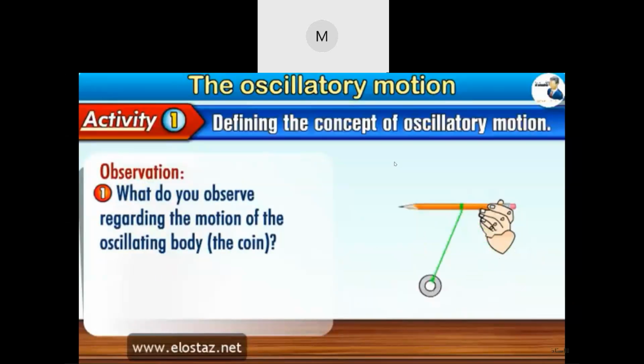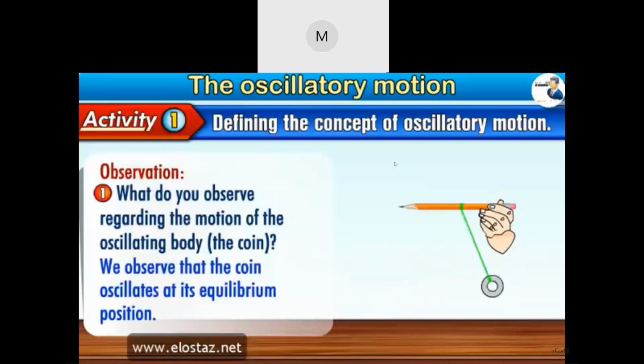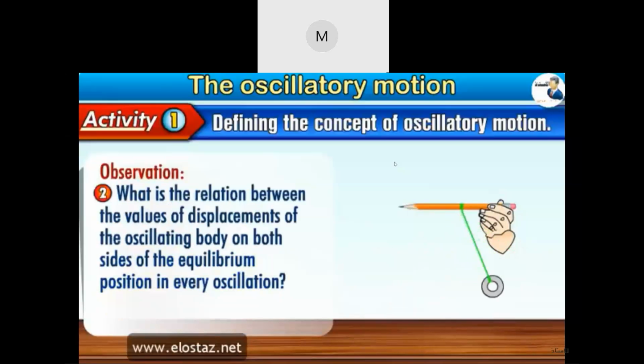Observation. Number 1. What do you observe regarding the motion of the oscillating body? We observe that the coin oscillates about its equilibrium position. Number 2. What is the relation between the values of displacements of the oscillating body on both sides of the equilibrium position in every oscillation?